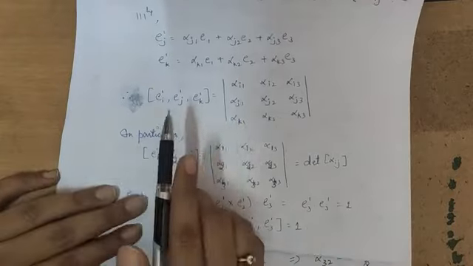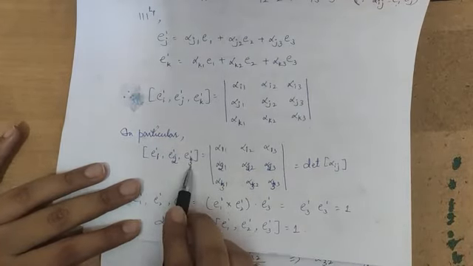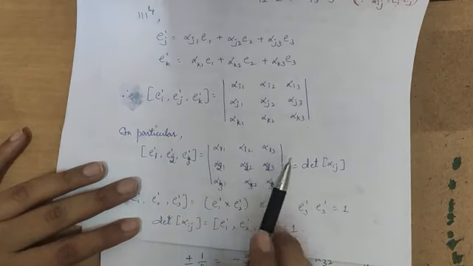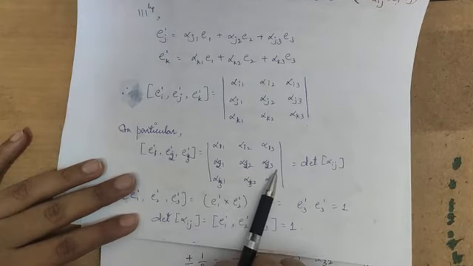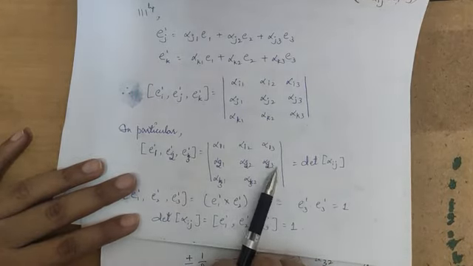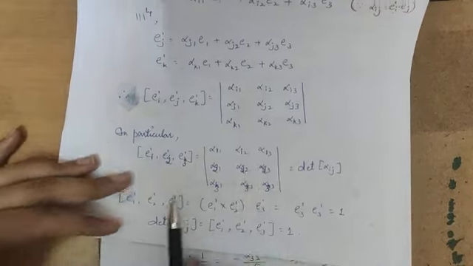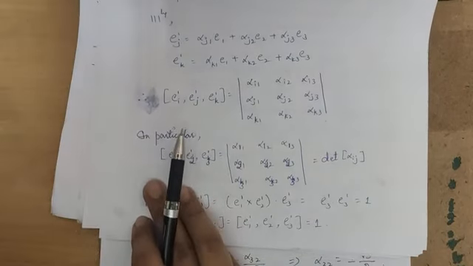Now I have given values for i as 1, j as 2 and k as 3. So my determinant table changes to alpha 11, alpha 12, alpha 13, alpha 21, alpha 22, alpha 23, alpha 31, 32, 33. So we know that when suffixes are same, we will get the value of 1.